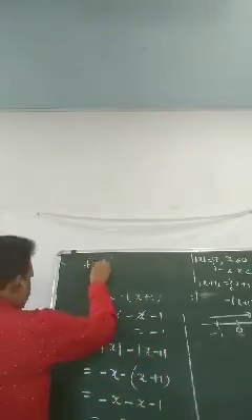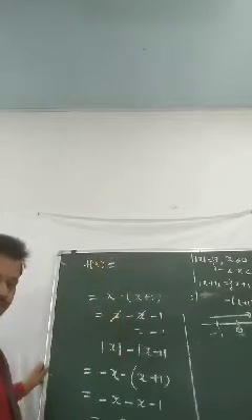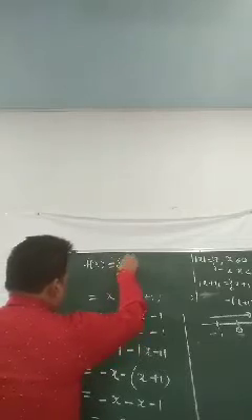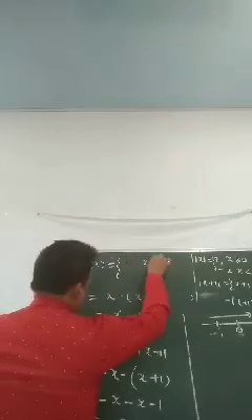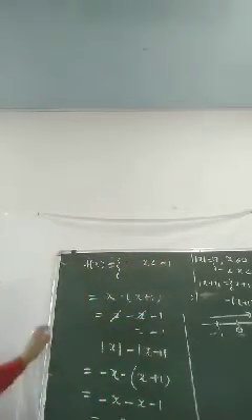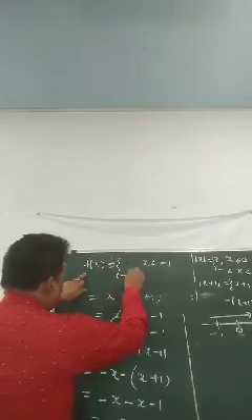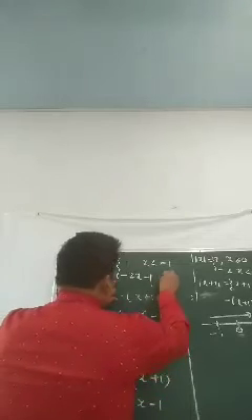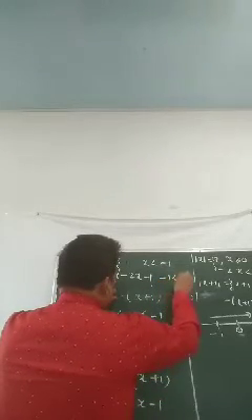f(x) equals 1 when x is less than minus 1. Then you got minus 2x minus 1 when minus 1 is less than x less than 0.